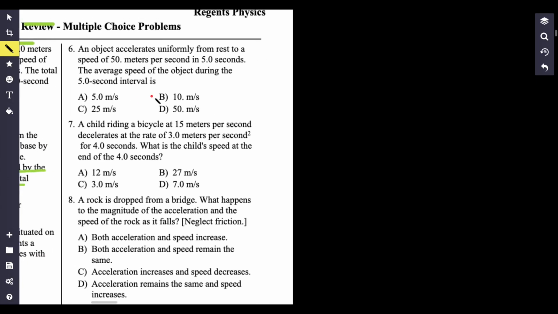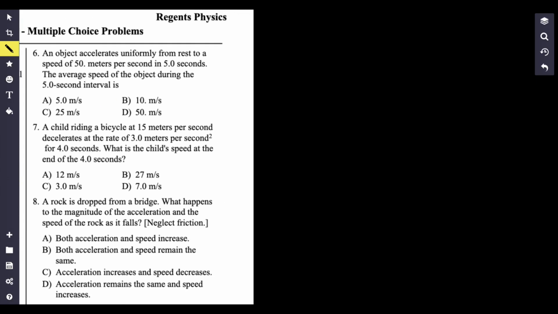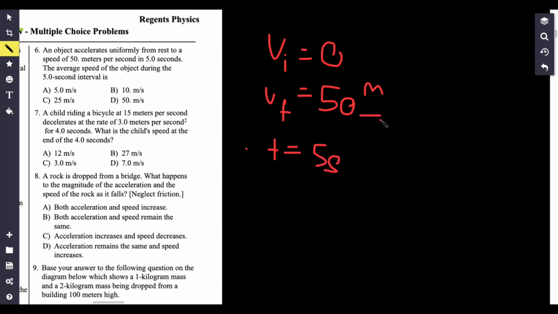An object accelerates uniformly from rest to a speed of 50 meters per second in 5 seconds. So what is the average speed of this object? So we're going from rest, so our initial velocity is 0, to a speed of 50 meters per second, and this is occurring after 5 seconds.